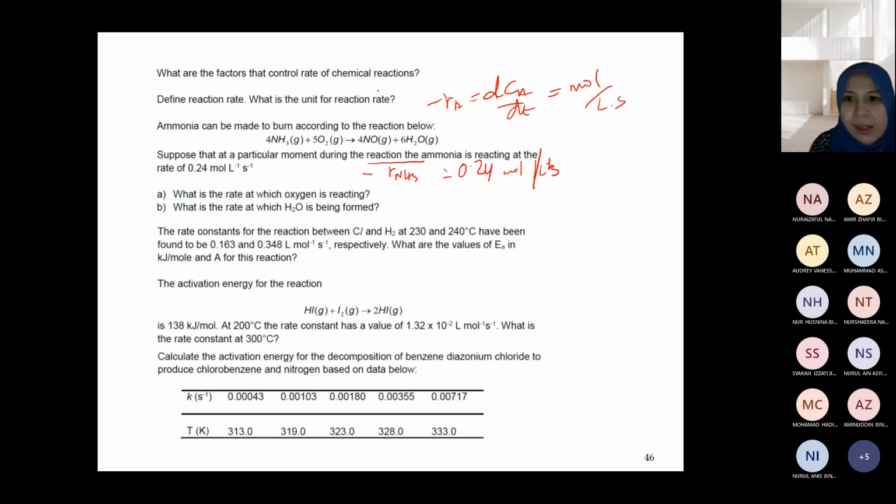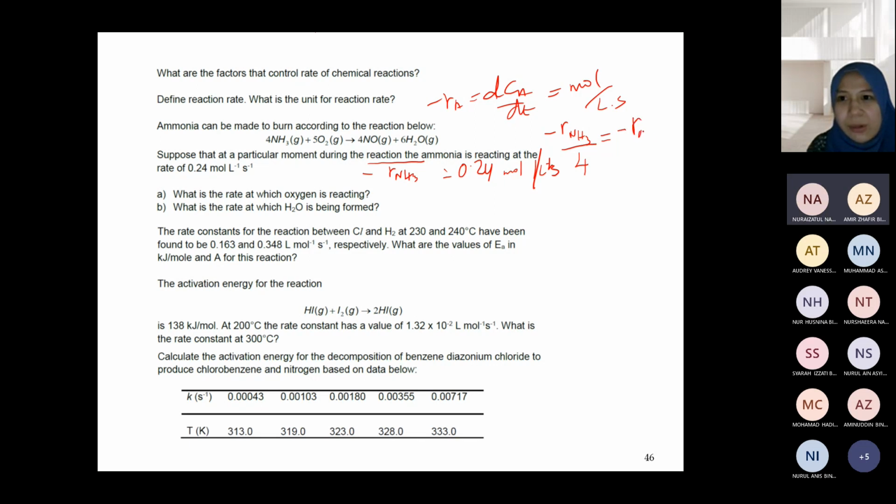So for ammonia, what it would be? Is it negative or positive? For ammonia? Negative. Yes, negative. And then it should be over with what number? 4. Okay, 4, correct. Alright, and then we have oxygen here. Okay, so what is the relative reaction rate? Should be minus or positive? Negative. Minus.